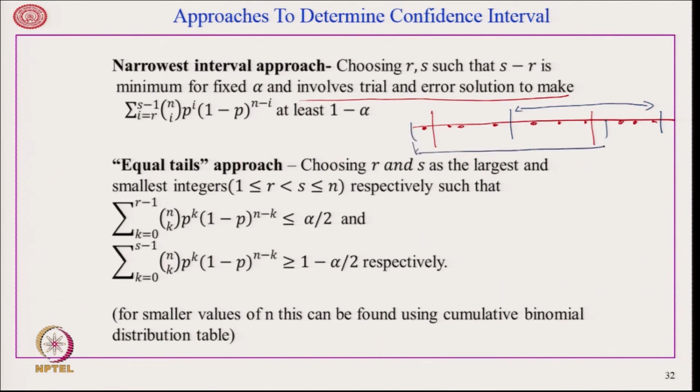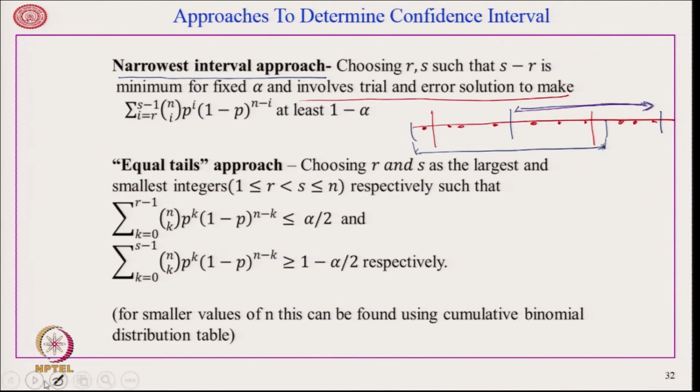Therefore, the question is which r and s we should choose. The narrowest interval approach tells us to take as the 95% confidence interval the one of smallest length. So, in this case most probably this is going to be the 95% confidence interval.